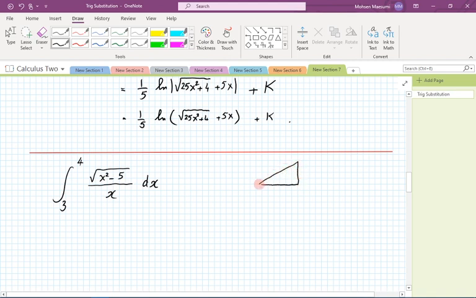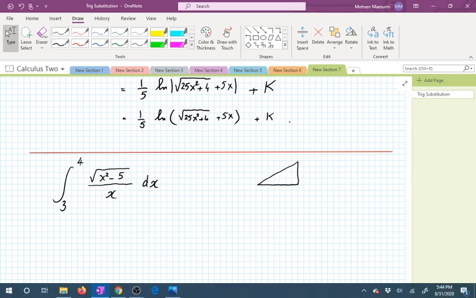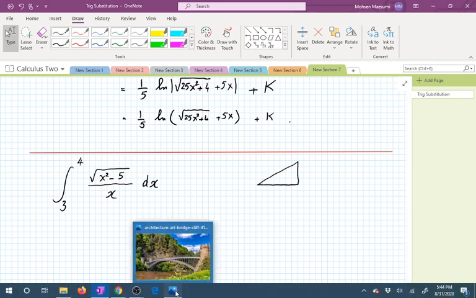We want a right triangle to motivate this square root. Who should be x so that we will have an expression like the square root of x squared minus 5 in it? This is a very crucial thing, so think about it as long as it takes.